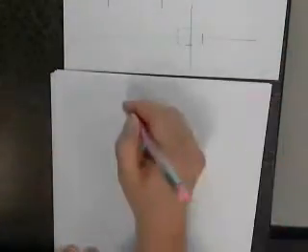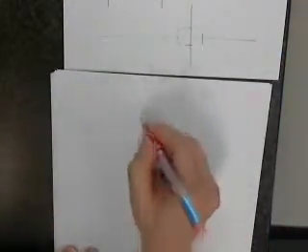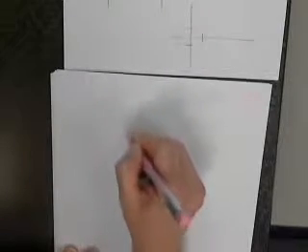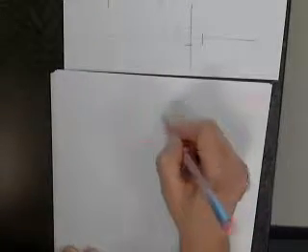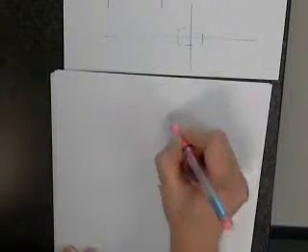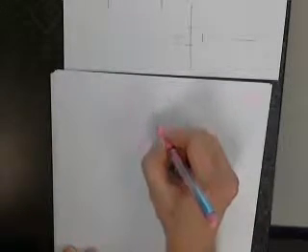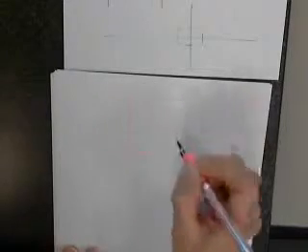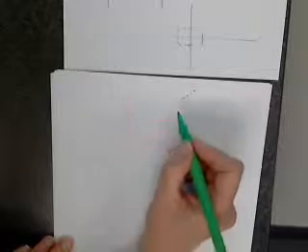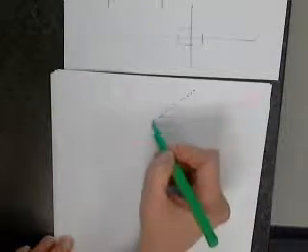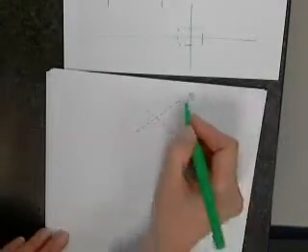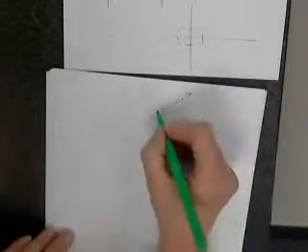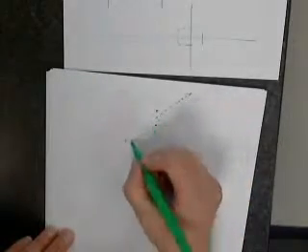So 1, 2, 3, 4, 5. Right here. So 1, 1, 1, 1. This will be the box. These will be the asymptotes. And this will be the hyperbola.